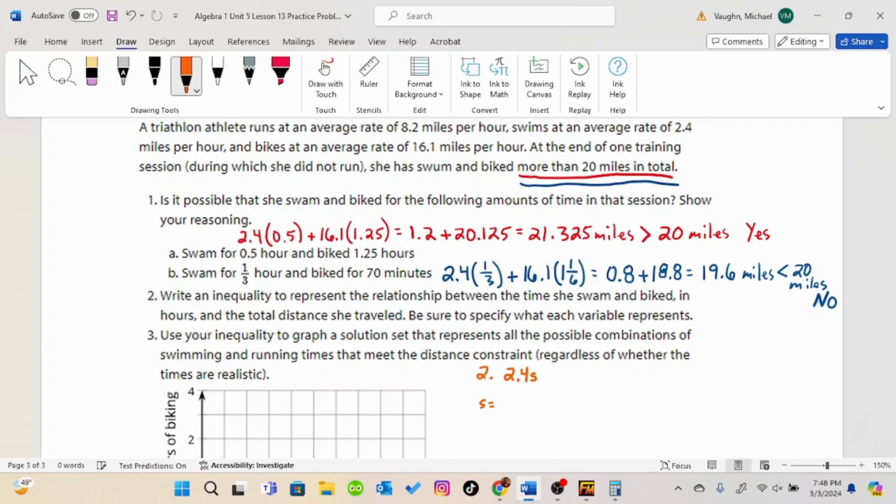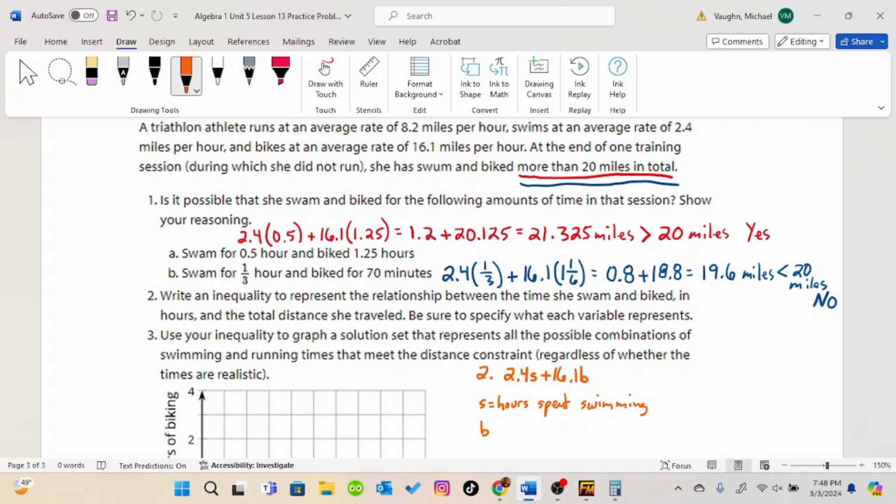So S equals the hours spent swimming. We're going to add that to 16.1, which is the rate they bike. And we're going to multiply that times B.